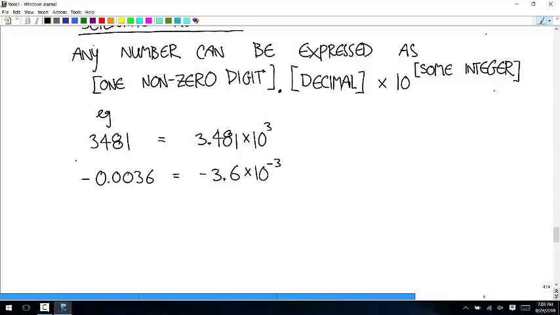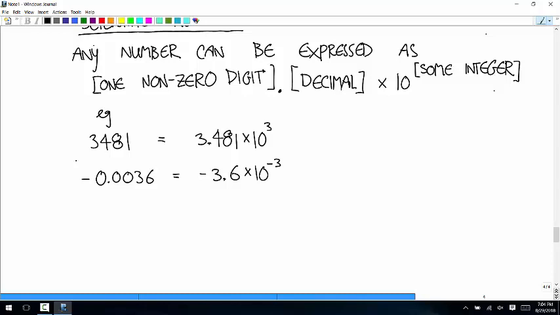Like, does a 0 count as a significant figure? Well, if you remember, it doesn't count as a significant figure if it's before the decimal point and there aren't any other non-zero numbers after it. Okay, so that's a little complicated. And it always counts as a significant figure if it's after the decimal point.